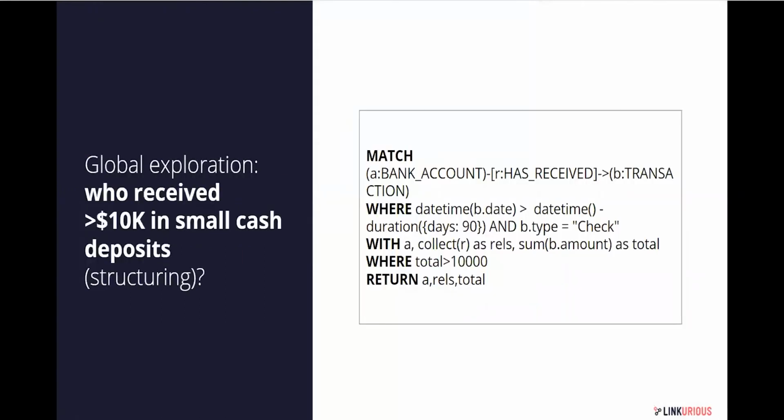So let's start with a first example. The first of the questions that we are going to be asking is, who among my clients has received more than 10K in the last 3 months? It's something that I can ask in English fairly easily, not too complex of a question, I guess.